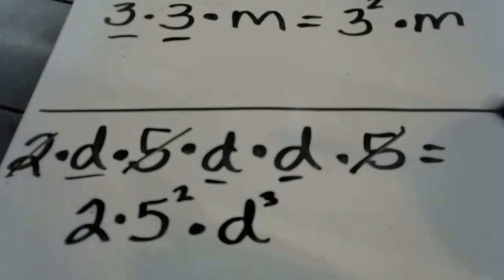So this simplified expression is 2 times 5 squared times D cubed, or you could say 2 times 5 to the second power times D to the third power. And we don't have to solve for D right now, okay? Also, you're going to want to have your calculator, especially for the next step.